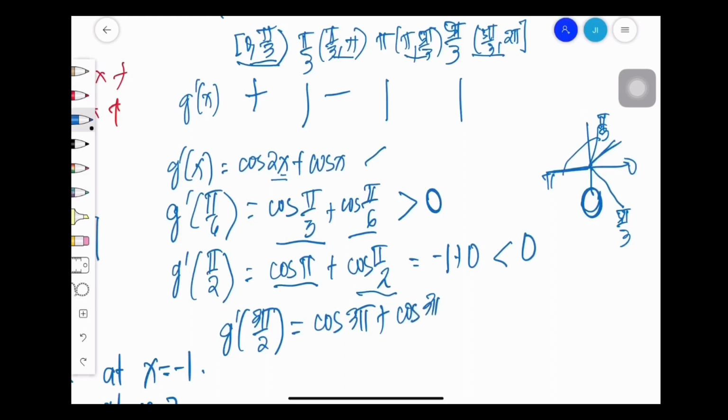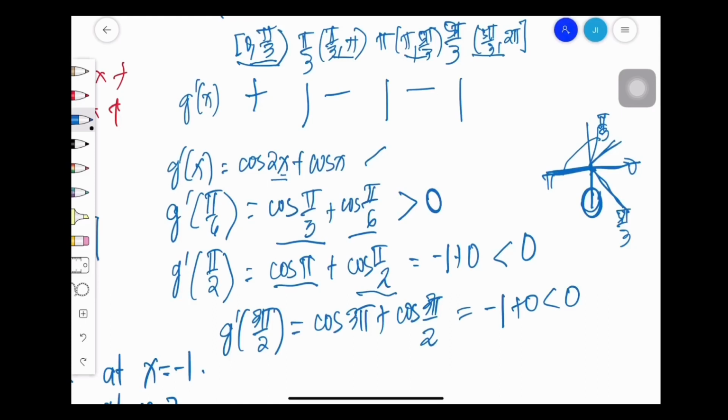Okay? What's cosine of 3 pi? 3 pi is coterminal with pi, right? So cosine of 3 pi is negative 1 as well. And what's cosine of 3 pi over 2? Cosine of 3 pi over 2 is 0. And that's a negative number as well. So meaning in this interval, the derivative is negative.